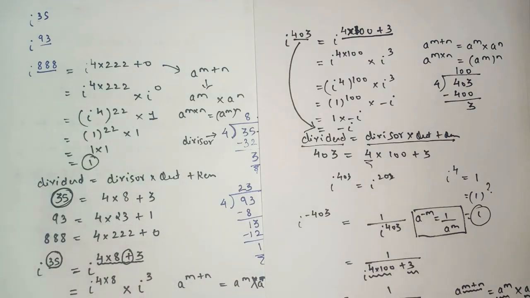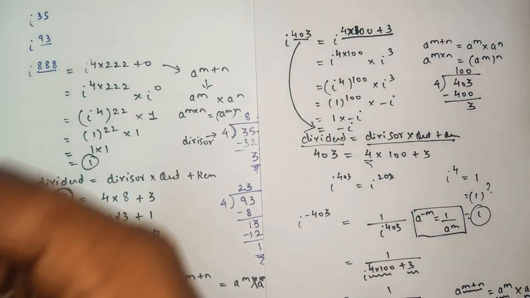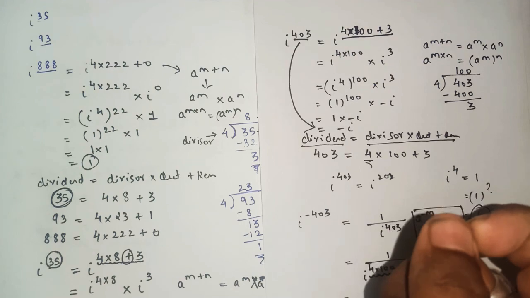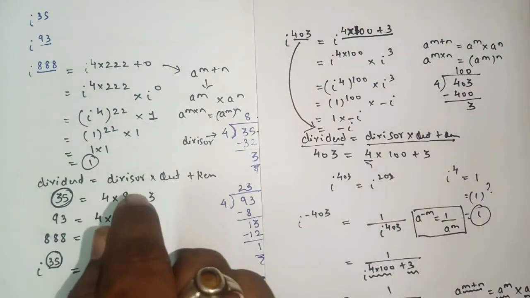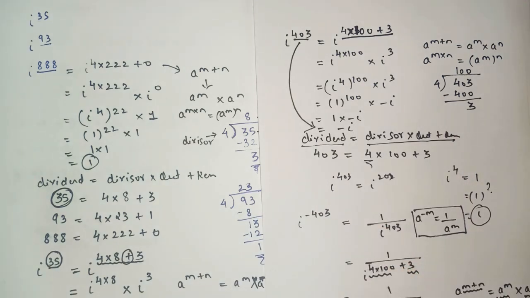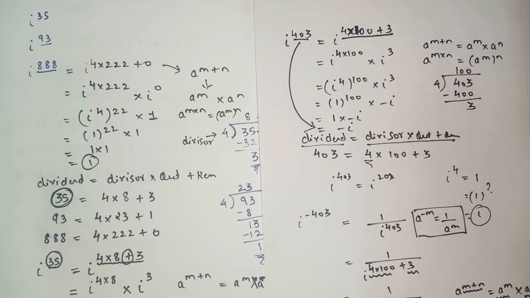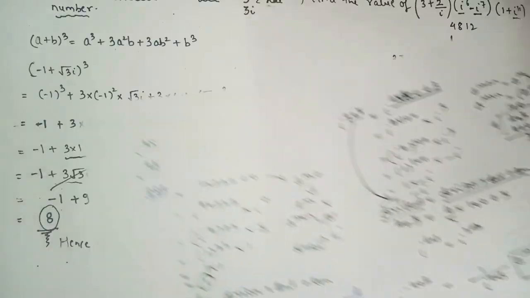You will get the confidence to find the answer whenever the power of i is in 100, 1000, or 10,000. Just break the number with respect to 4 and apply the formula dividend equals divisor into quotient plus remainder. I hope you all understood all the concepts we did today. We took two sums.